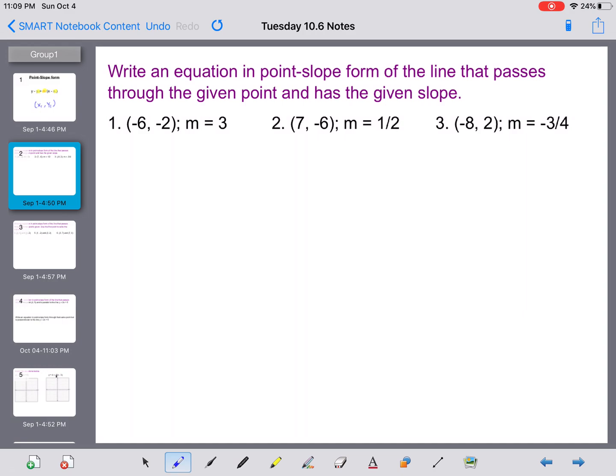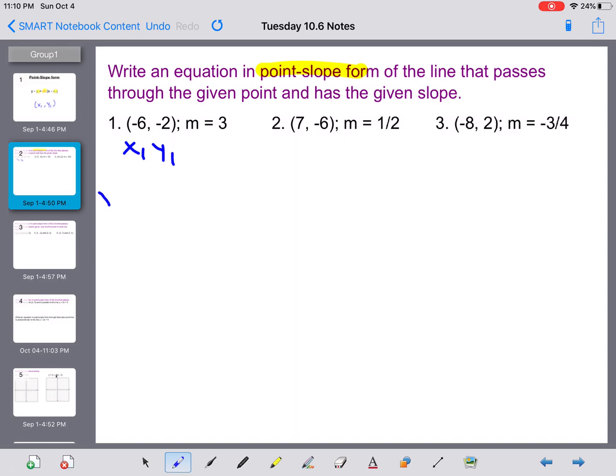Looking at the first set, we're going to write in point slope form. We want to make sure that we're very clear that we're saying point slope form, because we could eventually ask you to write something going from point slope form into slope intercept. So you always have to be very careful of the directions. Here we're going to use this as our x1, y1.